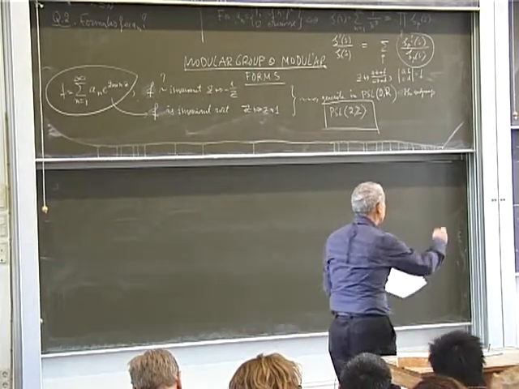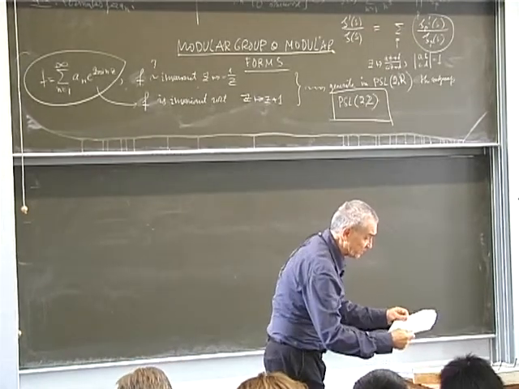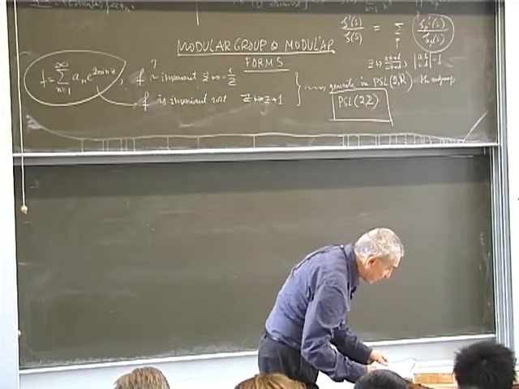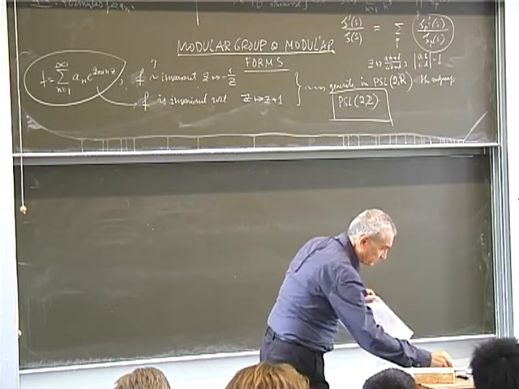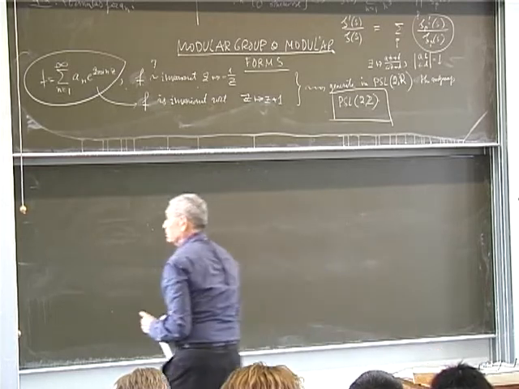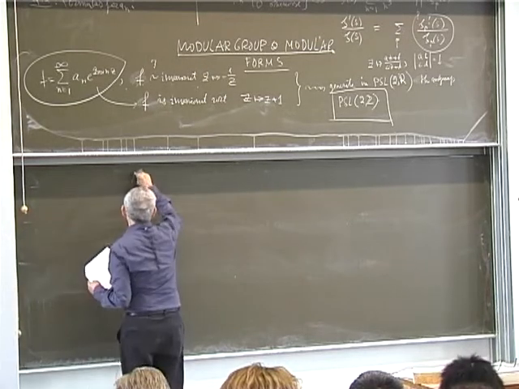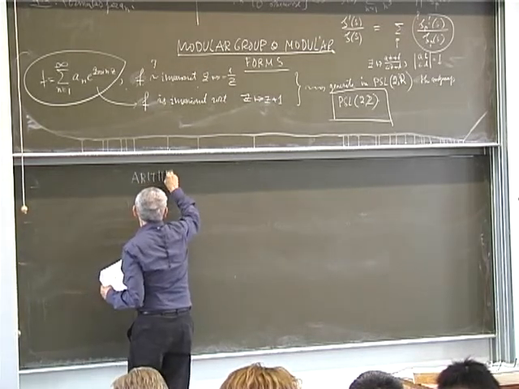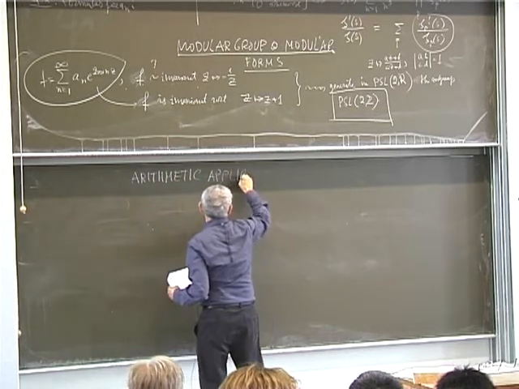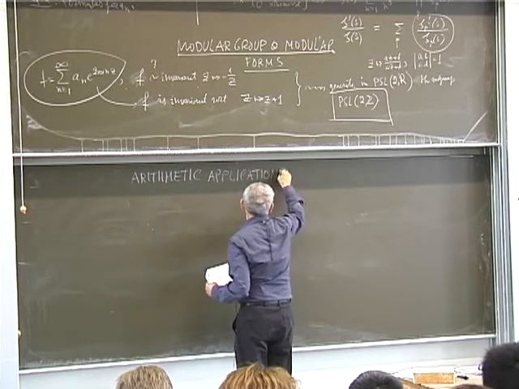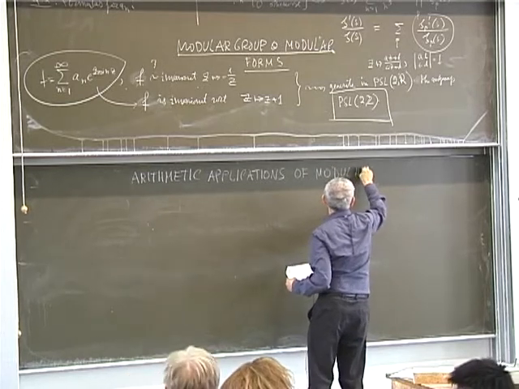Consider integrals of more general type, which was motivated by more general invariance property that simply z goes to -1 over z. Okay. Of classical modular symbols.